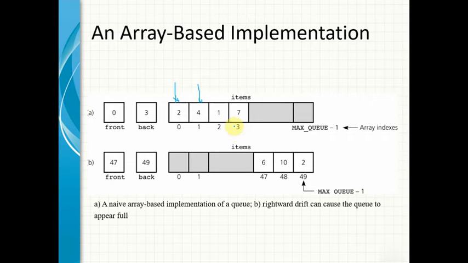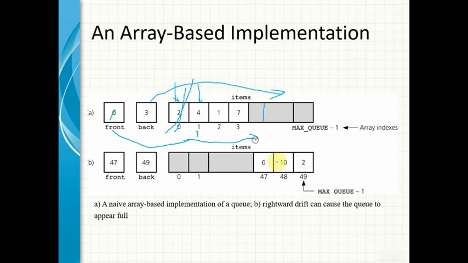However, imagine that when there is a remove or dequeue, it becomes empty, and it becomes 1, that is the front. So if you have more items, then the rear, or the back, is also shifting towards the right. So the front pointer is also shifting to the right.